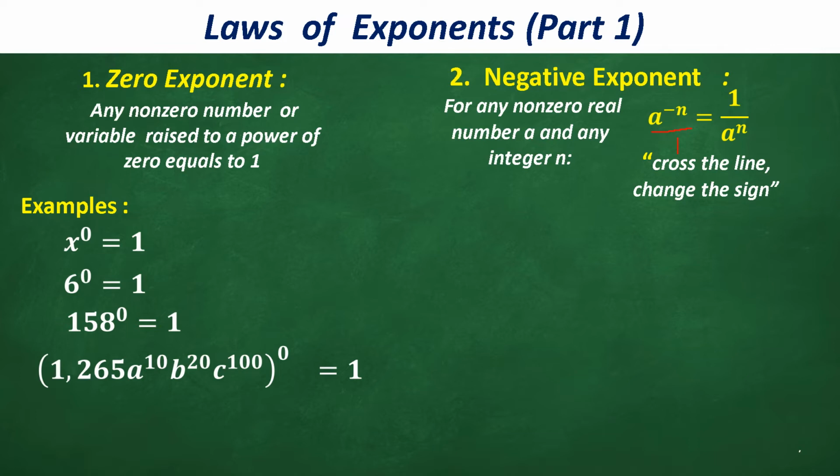Okay? So si 1 na nasa denominator ay dadalhin natin siya sa numerator or crossing the line. Ito yung line, yung fractional bar. Then a to the negative n na nasa numerator ay dadalhin naman natin sa denominator. Crossing the line, yung fractional bar, changing the sign from negative exponent into a positive exponent.